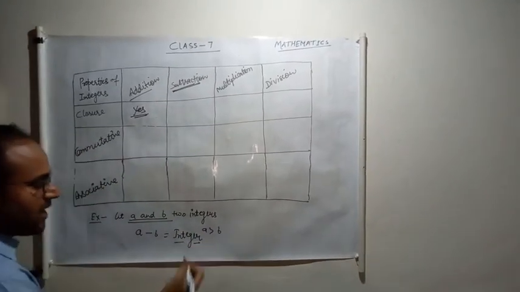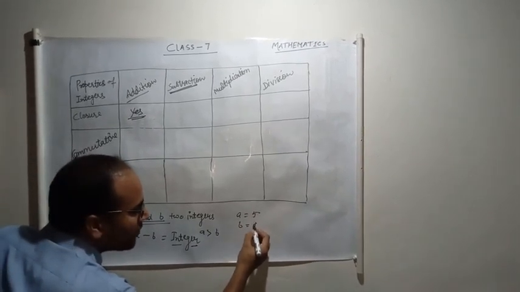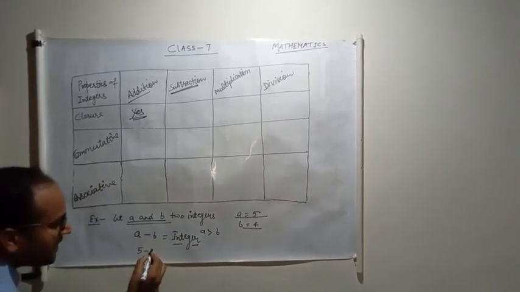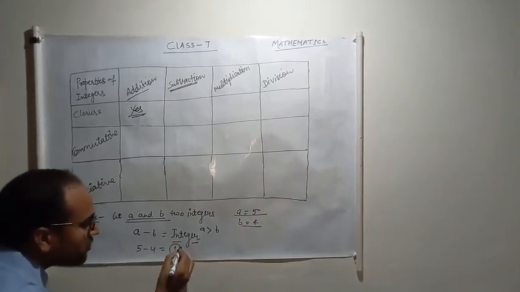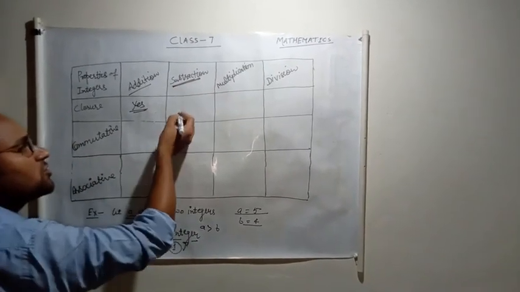Suppose I take a equal to 5 and b equal to 4. A is greater than b, so we get 5 minus 4, which is 1. 1 also belongs to the integers. It means that yes, subtraction also holds for closure property.